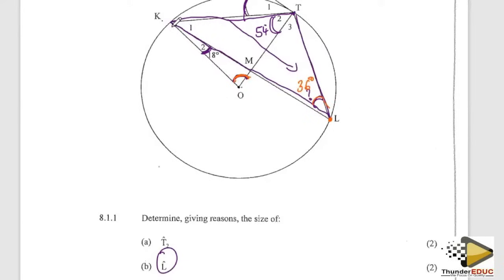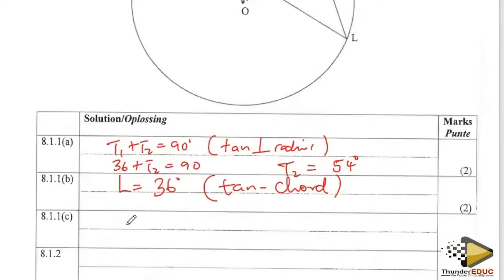The angle at the center is twice the angle at the circumference. So this must be twice this, because the two angles are created by the same chord. So KOT is 72 degrees. See, angle at the center is twice angle at the circumference.